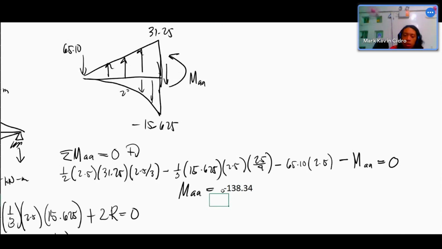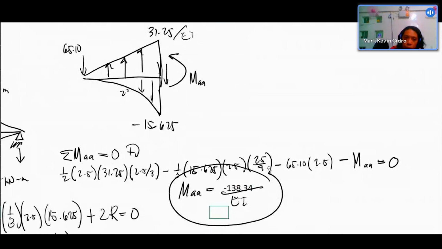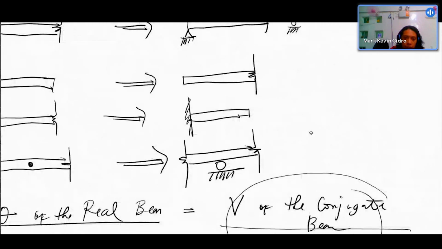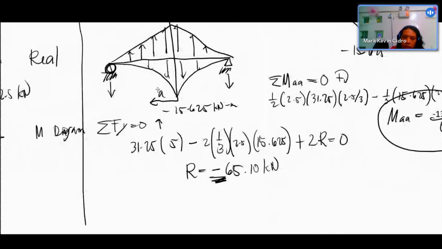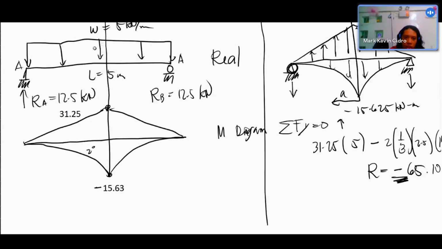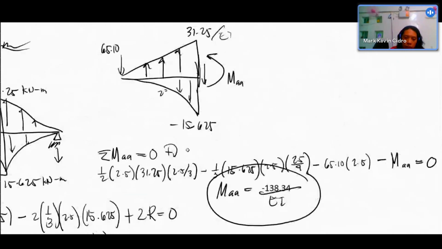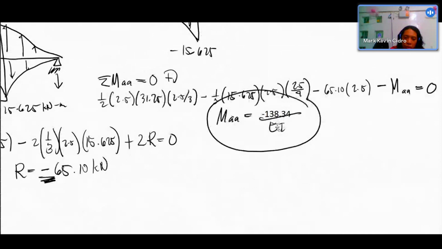That's what you got. Earlier we had not yet divided by EI. That is the moment in the conjugate beam, which is equal to the deflection of the real beam. So 138.34 over EI is the deflection at the midspan.